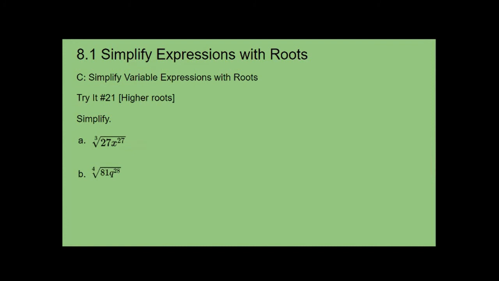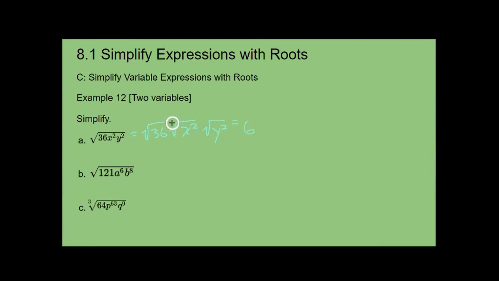One more concept. What about when there are 2 variables? Okay, you treat it the same. We're still going to break this apart. We're going to say the square root of 36 times the square root of x squared times the square root of y squared. Okay, the square root of 36 is 6.